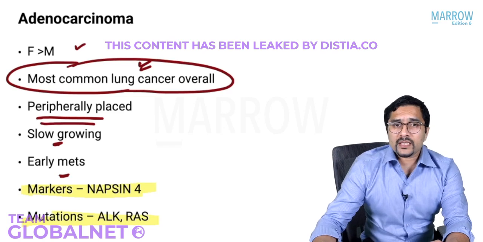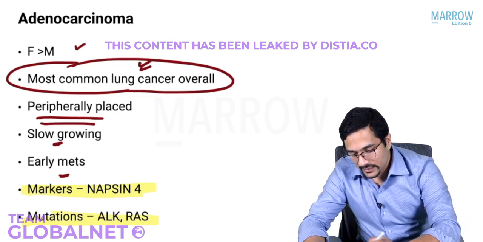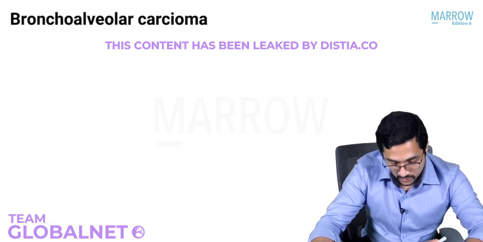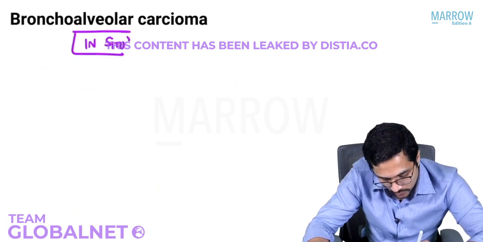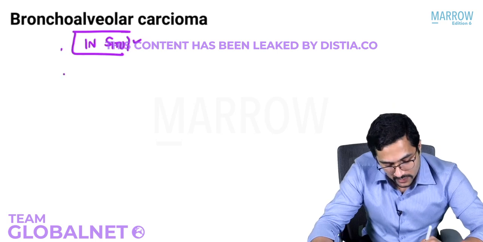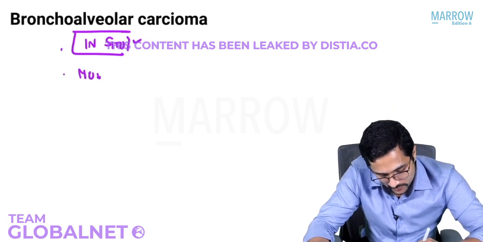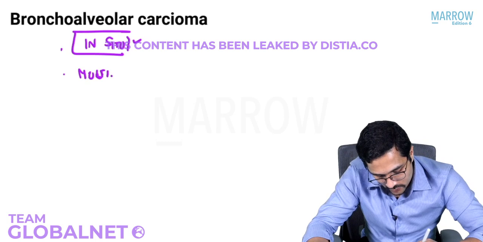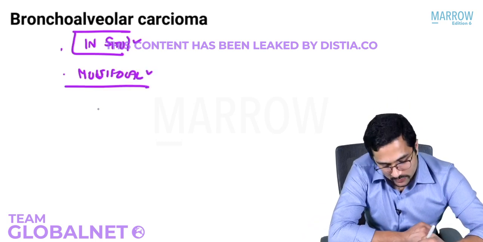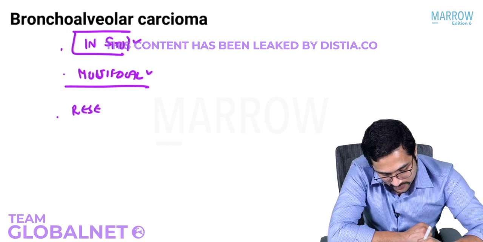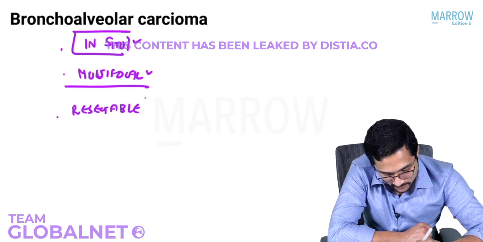Now, one of the tumors which is getting a lot of importance these days is bronchoalveolar carcinoma, or in situ cancer. This is in situ lung cancer or bronchoalveolar carcinoma. This tends to be multifocal, right? But because it is in situ, it is still resectable. Even if it is multifocal, it is resectable.